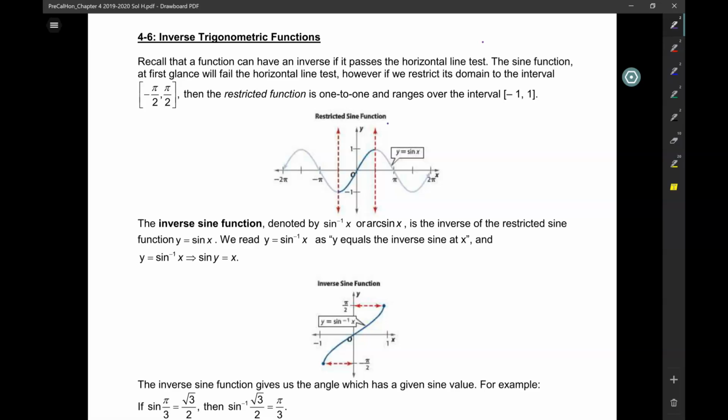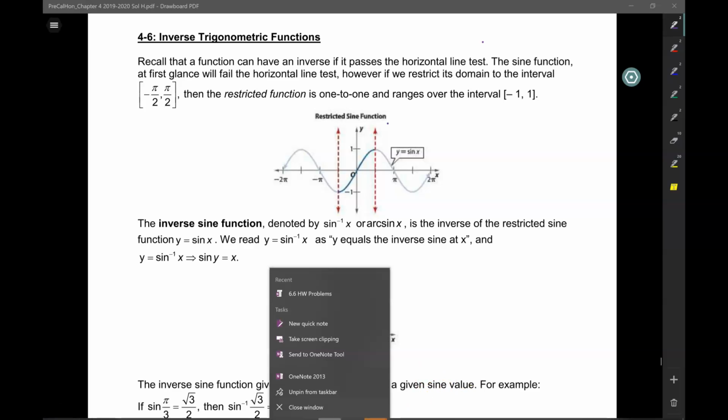In Algebra 2, when we start talking about inverse functions, one of the things we say is something like this.